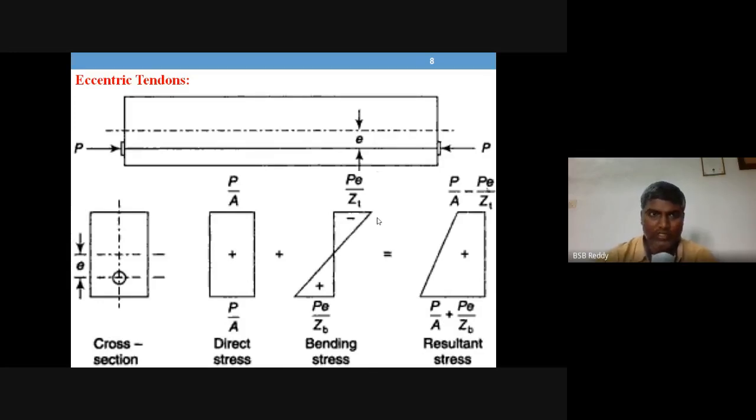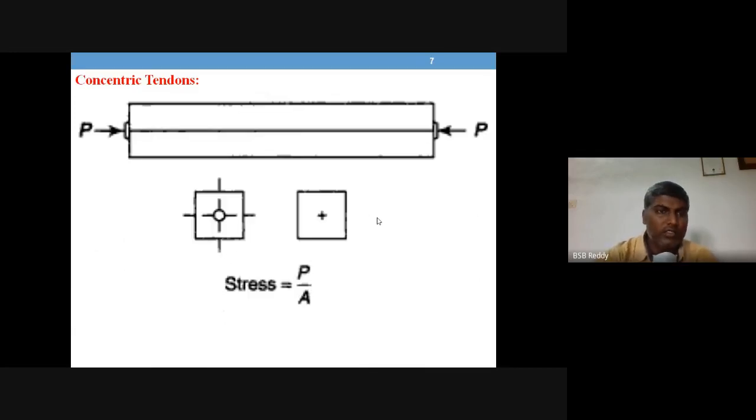When you recall, the concentric tendon is inducing axial stress, so we will have the same value of stress from top to bottom of the cross section. Top fibers, bottom fibers and all remaining fibers will have the same value of stress if the tendon is placed at the center of the cross section.